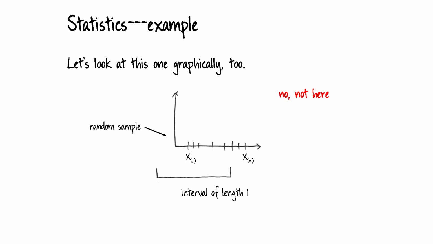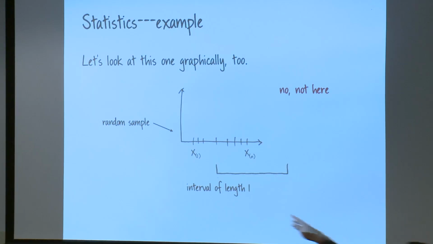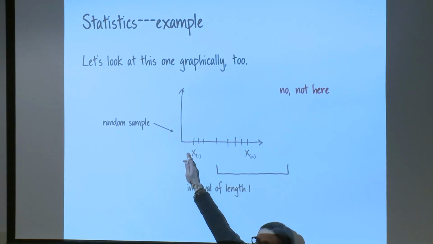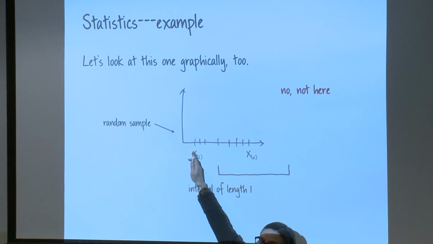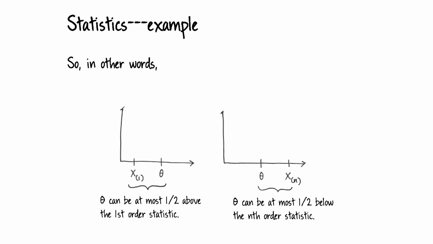Well, theta can be at most 1/2 above the first order statistic. Let me just flip back. So over here is the first order statistic. We know that the left edge of the interval can't be any higher than the first order statistic. So therefore, theta can't be any higher than 1/2 above that. Then the same reasoning goes with the nth order statistic.